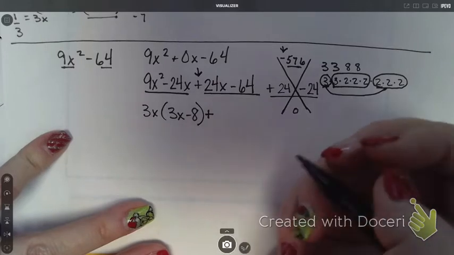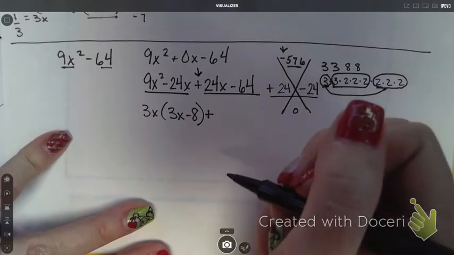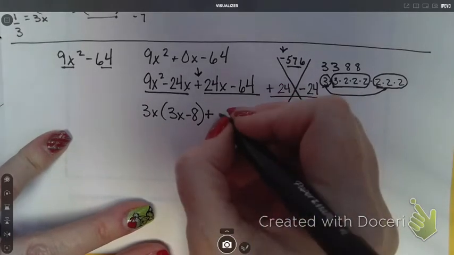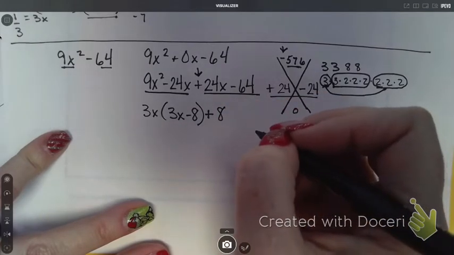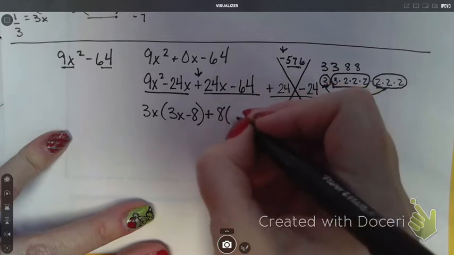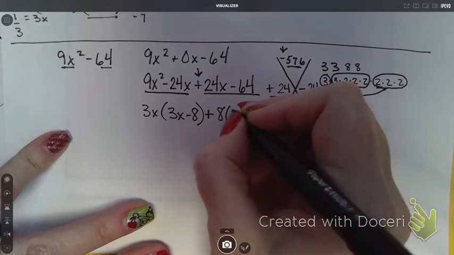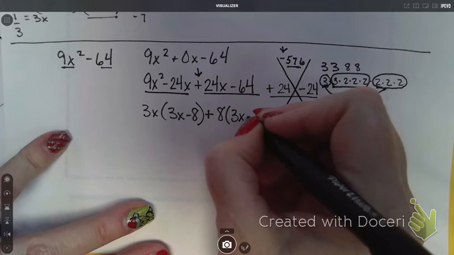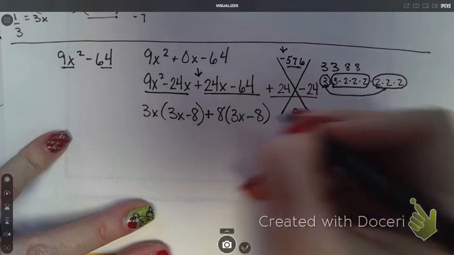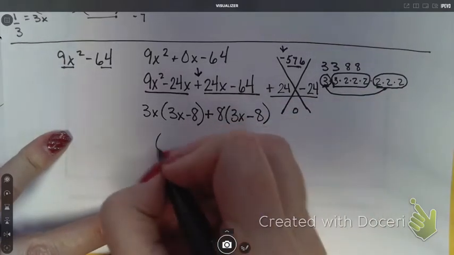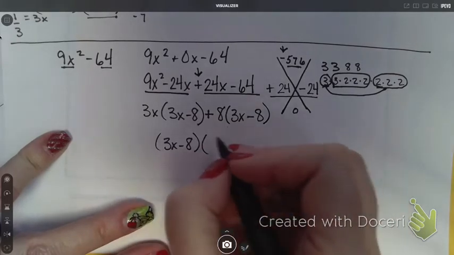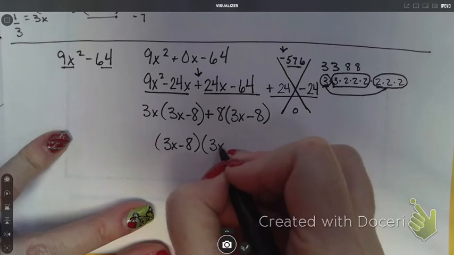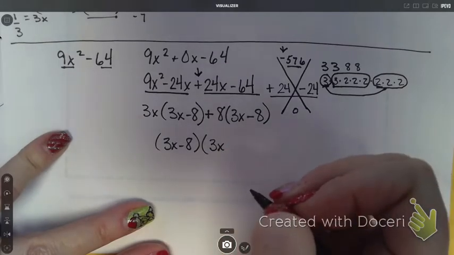Oh, I just did. It doesn't matter. Sorry. 8 goes into both 24 and 64, yes? And what am I left with? 3x minus 8. So I get 3x minus 8 and 3x plus 8.